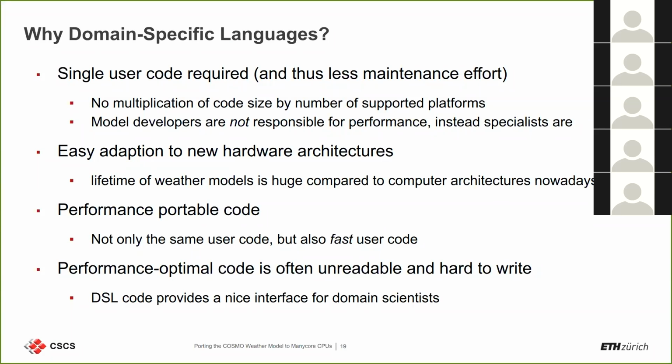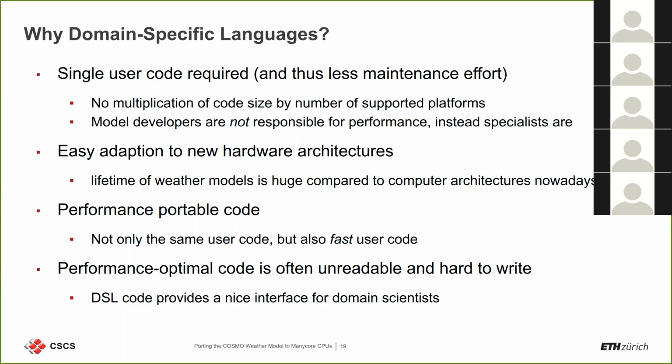And we also want a split from model developers, so climate scientists and atmospheric scientists should be responsible for the numerics, but not for performance. Instead, a performance engineer should care about the performance while not caring about the numerics.